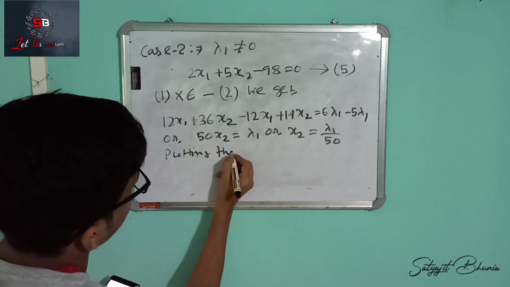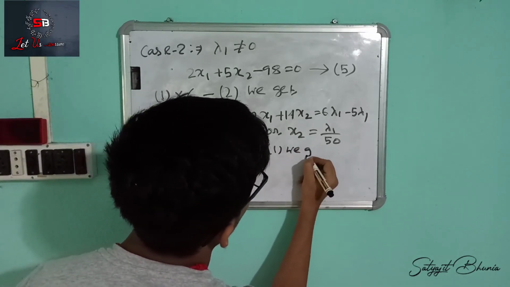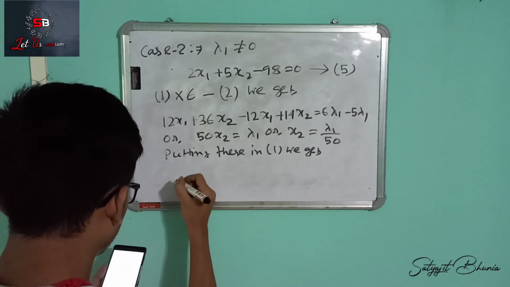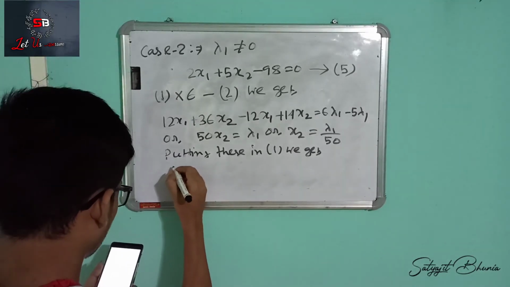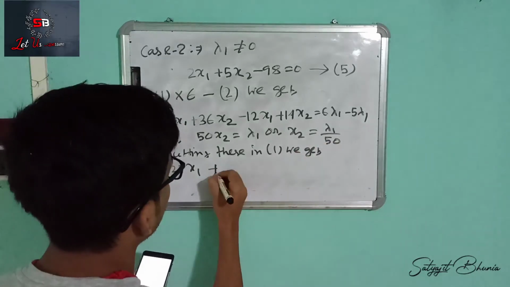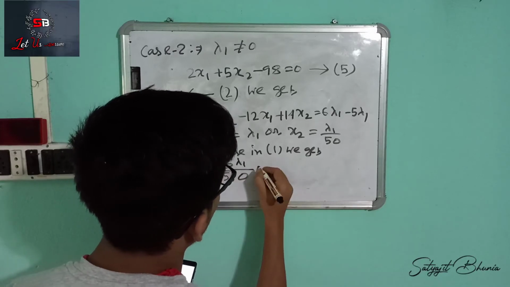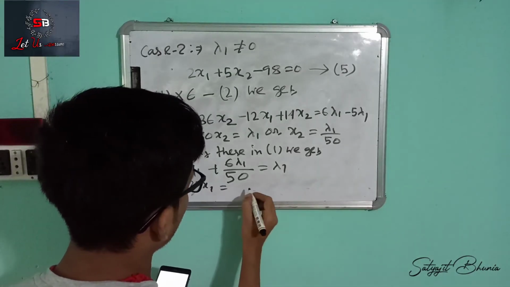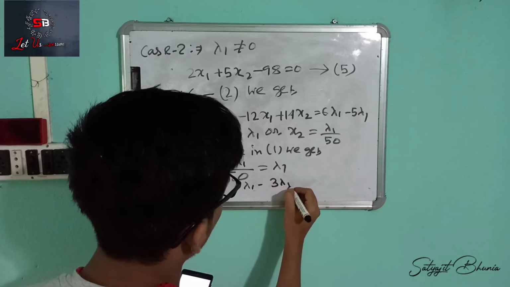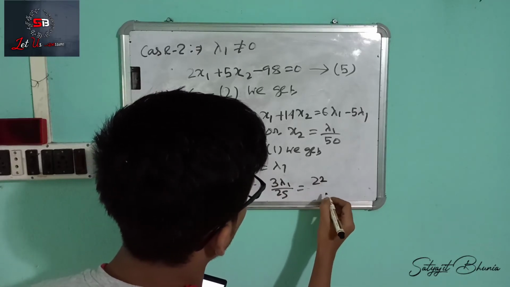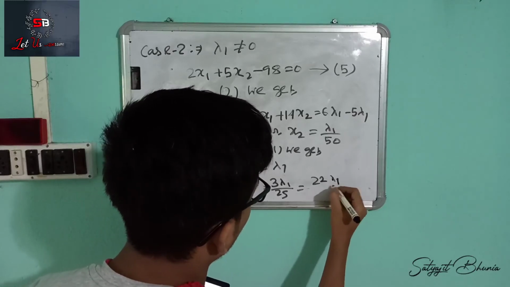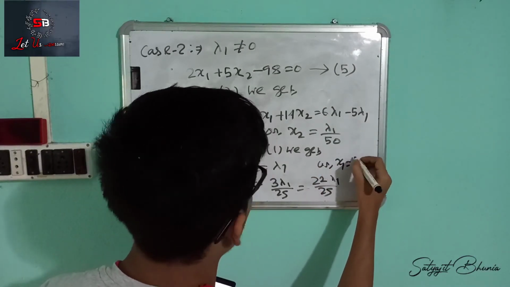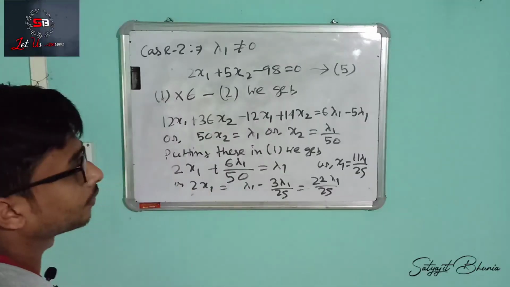Putting this in 1 we get 2x1 plus 6 lambda 1 by 50 is equal to lambda 1, or 2x1 is equal to lambda 1 minus 3 lambda 1 by 25, that is 22 lambda 1 by 25, or we can write x1 is equal to 11 lambda 1 by 25.